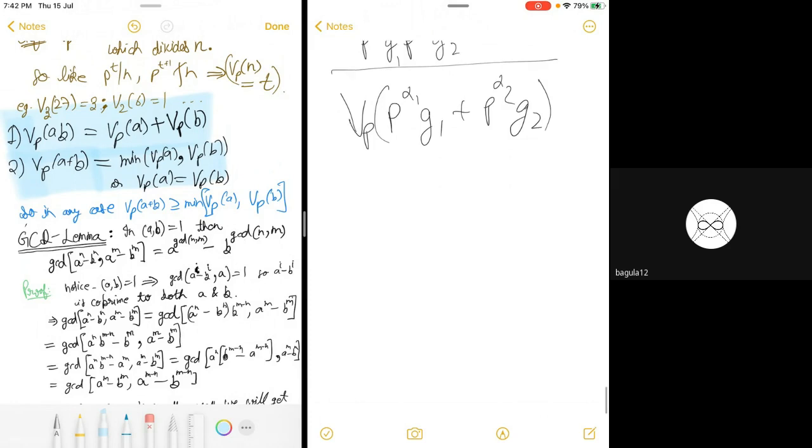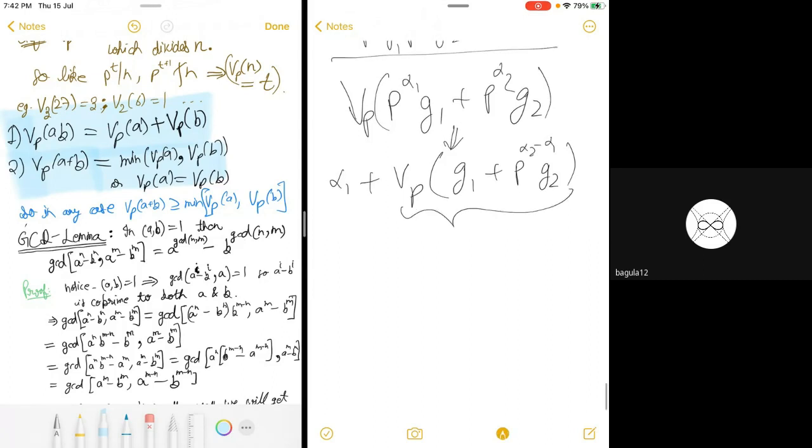This will be equal to alpha 1 plus Vp of G1 plus p to the alpha 2 minus alpha 1 G2. To get here from here, we have used the first result: p to the alpha 1 comes common, and then alpha 1 gets added. But this is just 0, because the first term is divisible by p and this is co-prime to p, so this whole thing is not divisible by p.